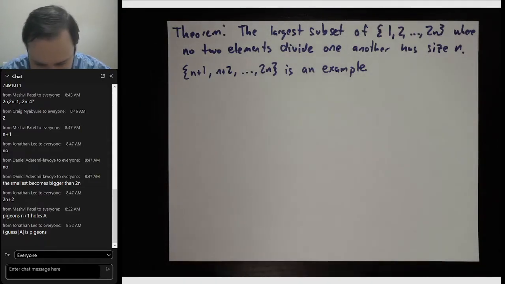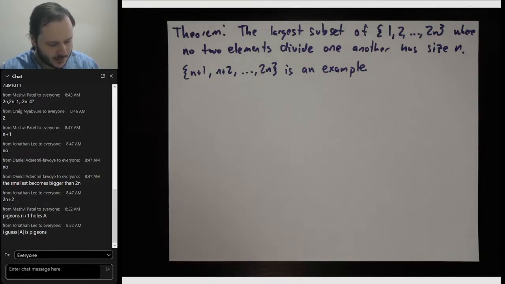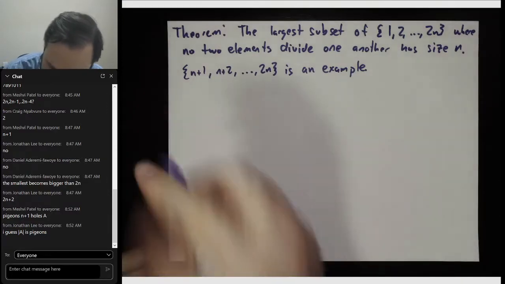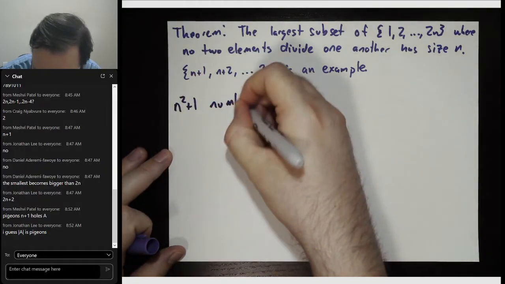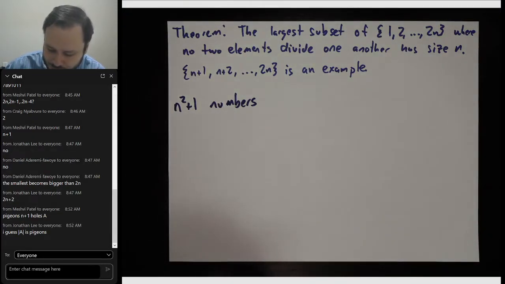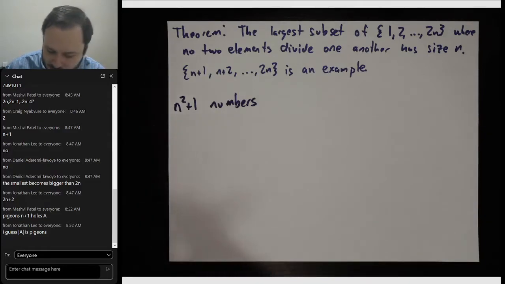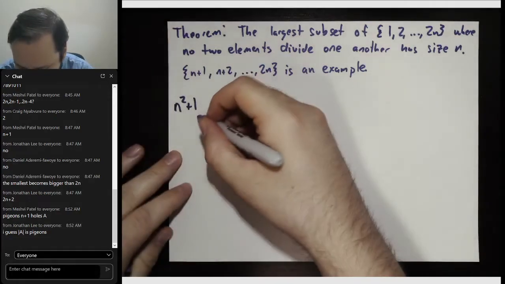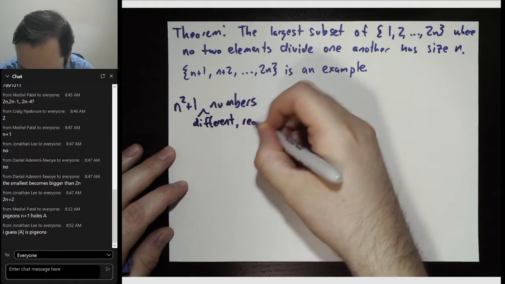Another problem like this, pigeonhole principle does not jump out immediately as something useful. Suppose I have n squared plus 1 numbers. Doesn't have to be 1 up through n squared plus 1. It's just a sequence of any n squared plus 1 different real numbers.